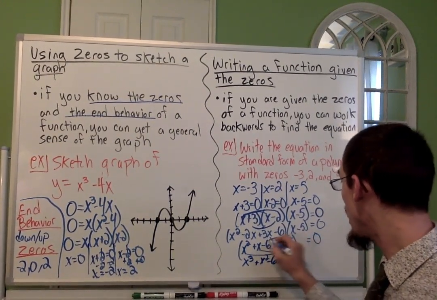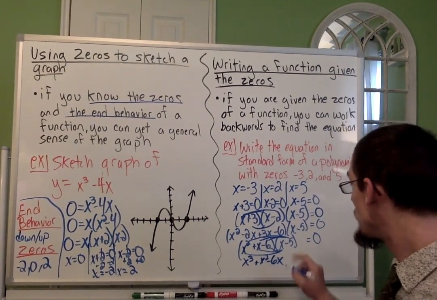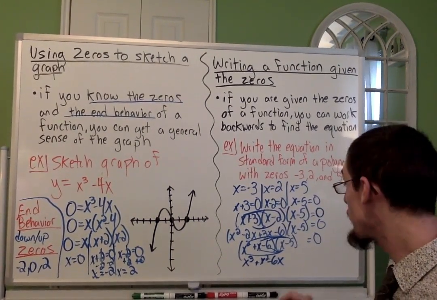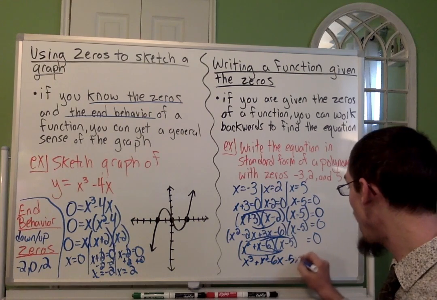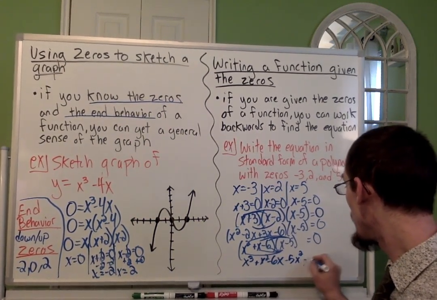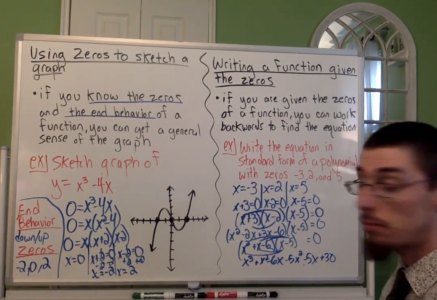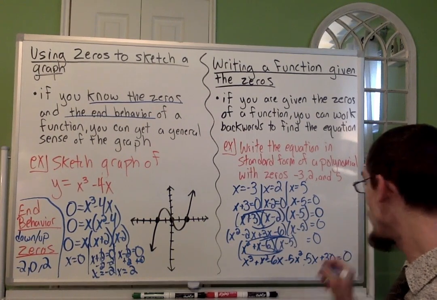And then I'll distribute the negative 5, right? So that's going to give me minus 5x squared minus 5x plus 30 equals 0.